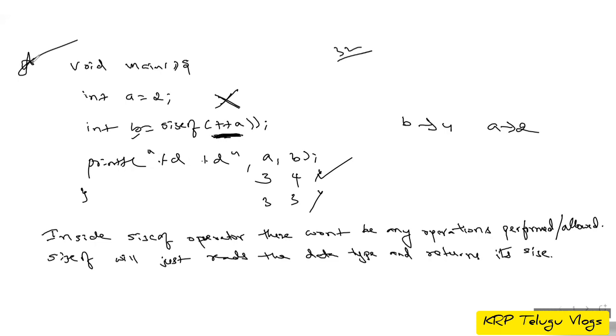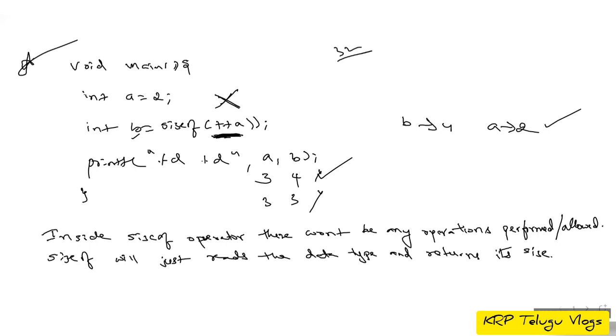Sizeof will just read the data type and return its size. This is a guaranteed bit in the written tests. This is the right answer: a value is 2, b value is 4. Understood, everyone? Clear?